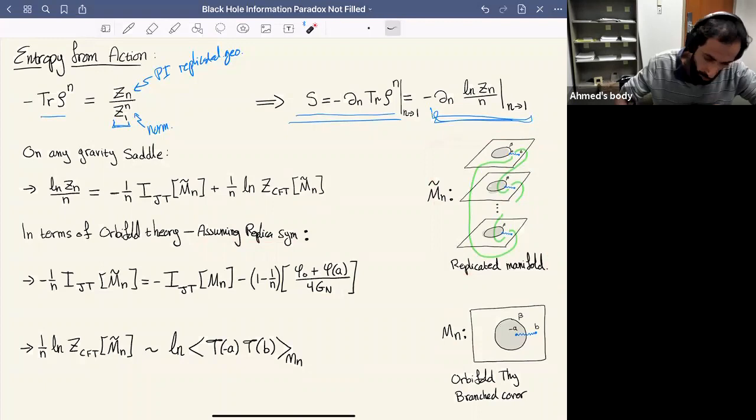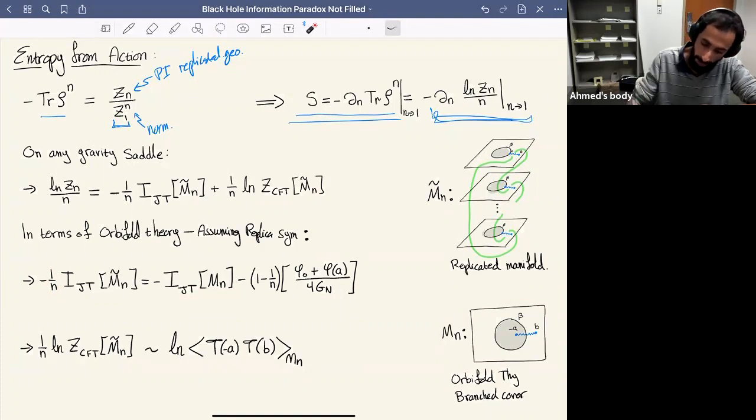When you go to the orbifold theory, you simply have n copies of the action, so this 1 over n term disappears. It does not appear in this JT term.